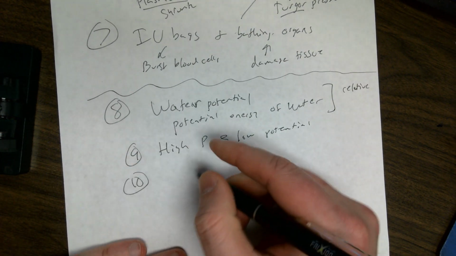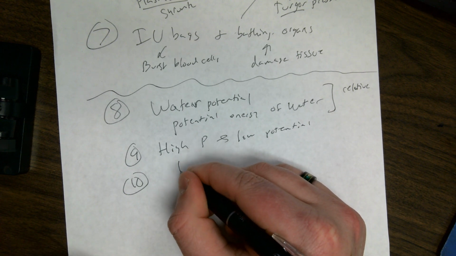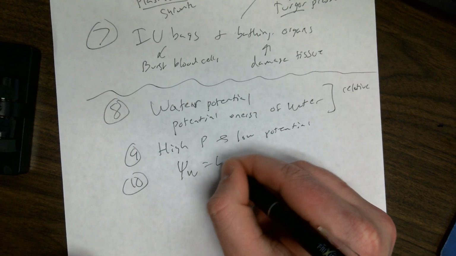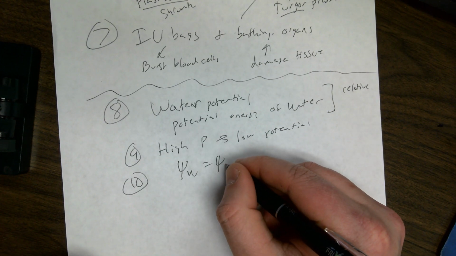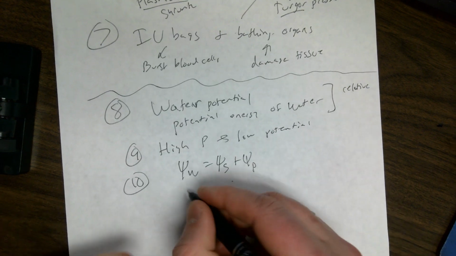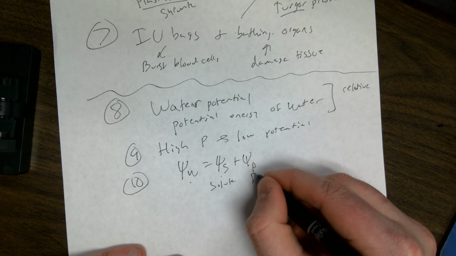10. How do we calculate water potential? This probably should not have been the third standard, probably should have been the first standard. That's okay. You use psi, the Greek letter psi, so water potential is equal to solute potential plus pressure potential.